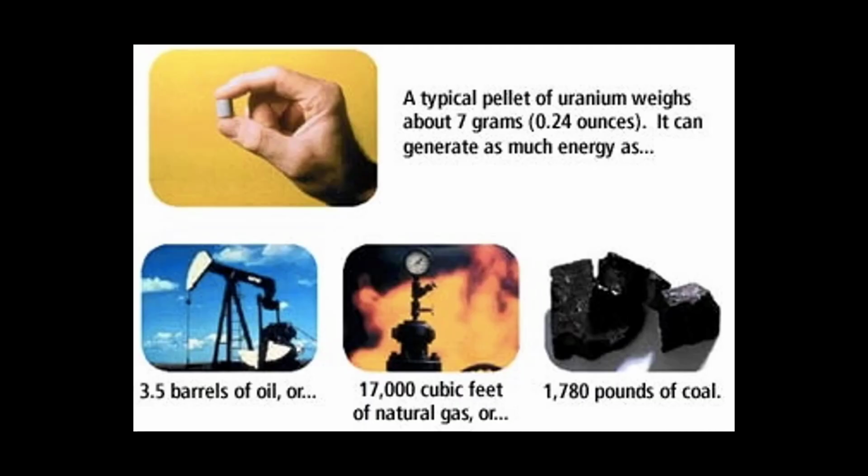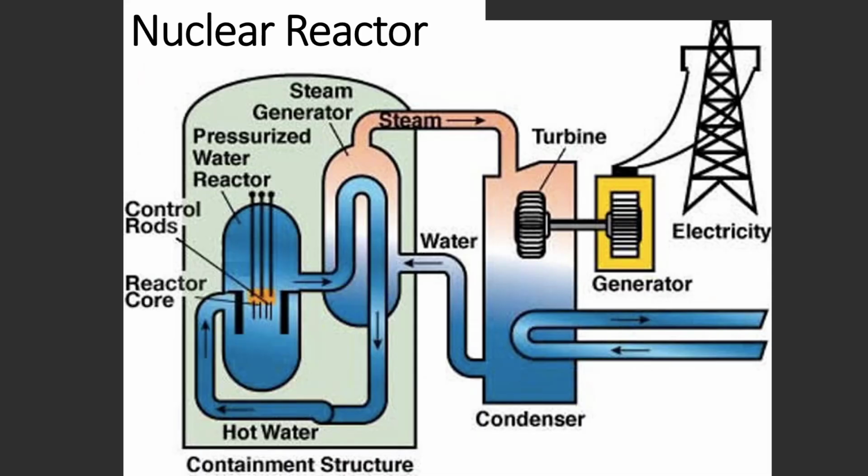A typical pellet of uranium is 7 grams, and you can get as much energy from one little pellet of uranium as 3.5 barrels of oil, 17,000 cubic feet of natural gas, or 1,780 pounds of coal.